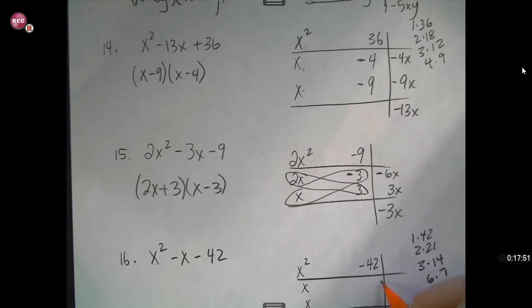And obviously it's 6 and 7, 6x, 7x. I want a negative 1, so that means I need the 7 negative. So that works. Negative 7 times 6 is negative 42, and 6x minus 7x is minus x. So x minus 7 times the quantity x plus 6.